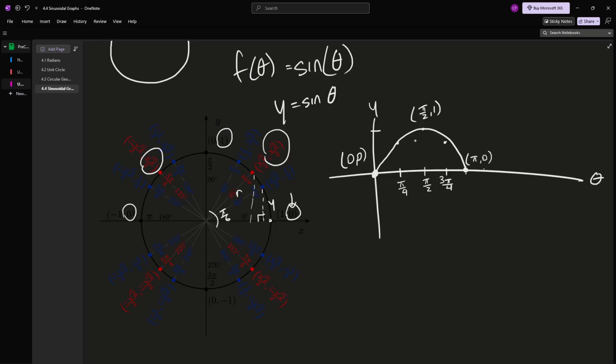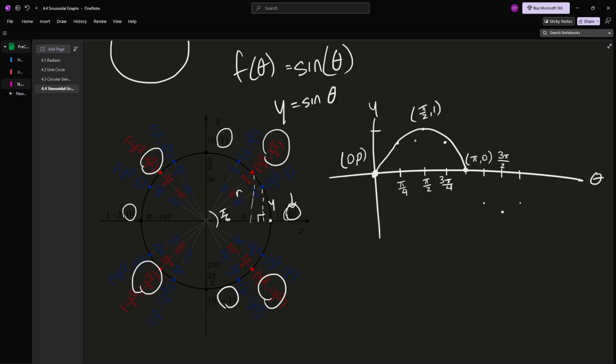And let's keep on going. At 5 pi over 4, I'm at negative root 2 over 2. So I'm going to go negative now. At 3 pi over 2, I'm at negative 1. At 7 pi over 4, I'm at negative root 2 over 2.